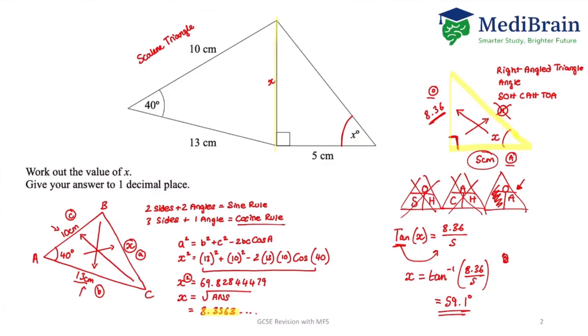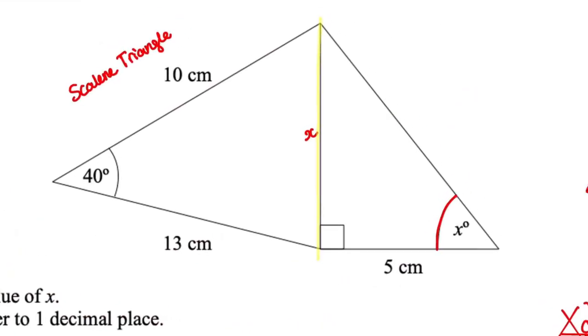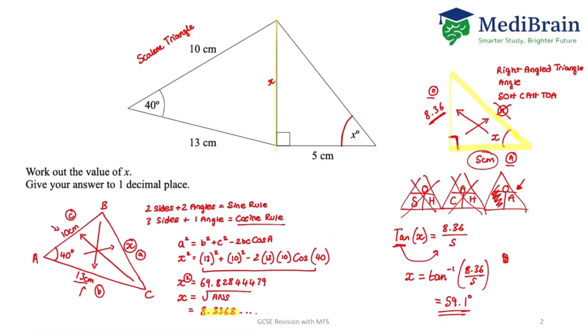Okay, so that was just a bit of a recap of what we did in our last lesson, where we looked at the cosine rule. It was the hardest question from last lesson, because you had to use two triangles. You had to work out the side in the middle, and then use that to work out the angle in the other triangle.